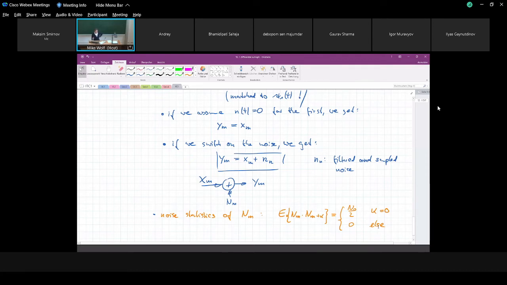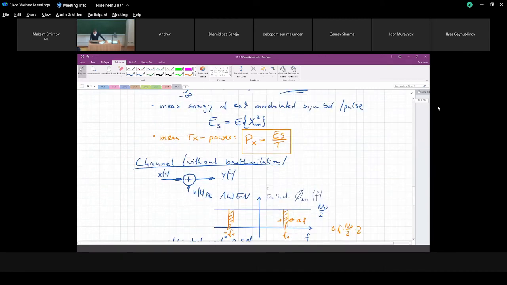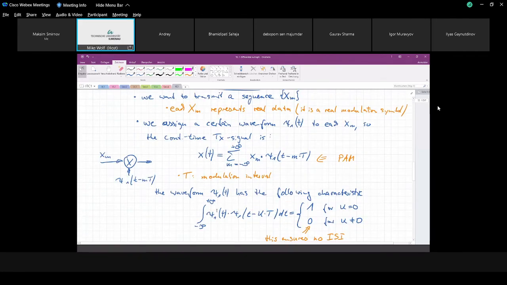Again, this 0 else just comes from our required characteristic for this pulse shape c1 of t. Because we said, if we do the correlation product between c1 of t and the shifted version of c1 of t, it needs to be 0 if this shift between two adjacent pulses is exactly one modulation interval.